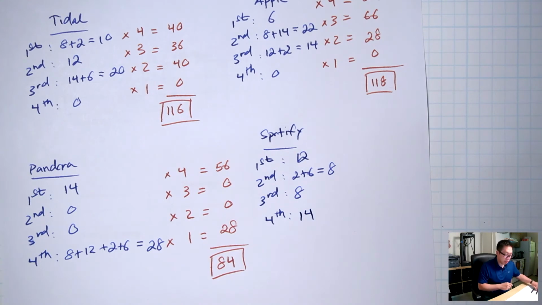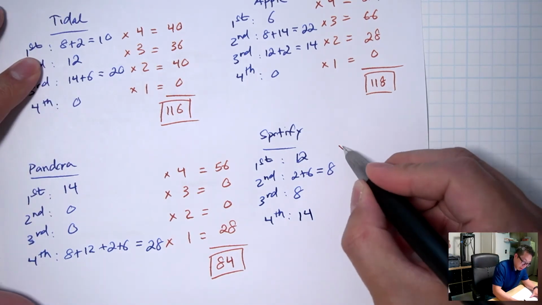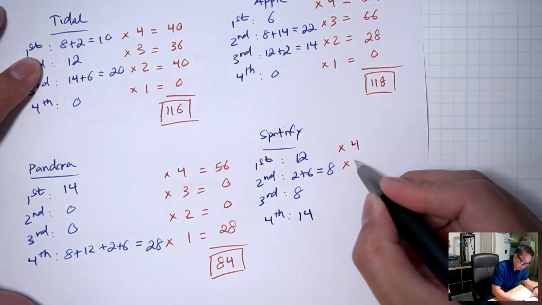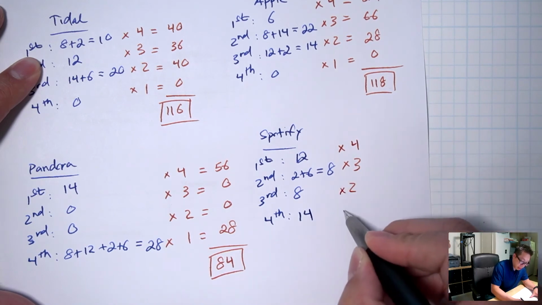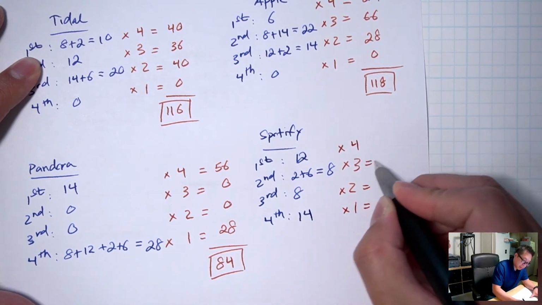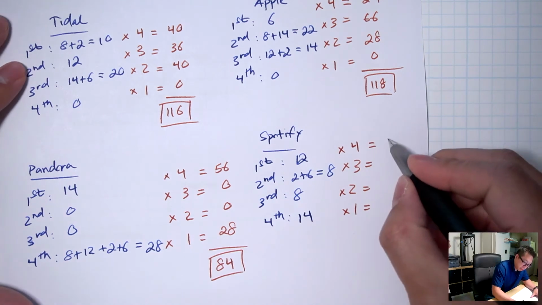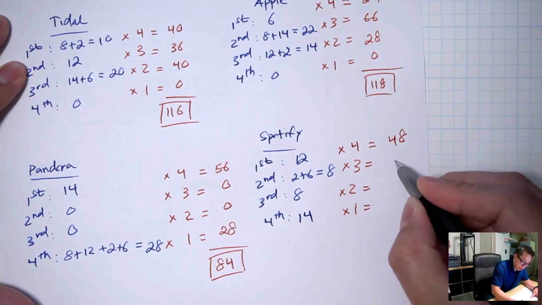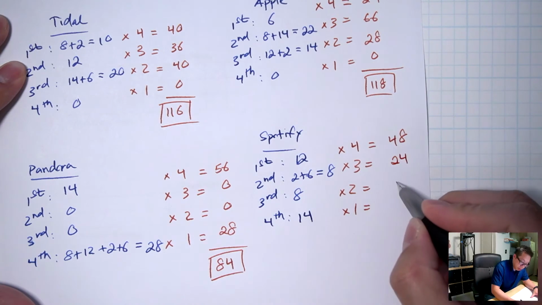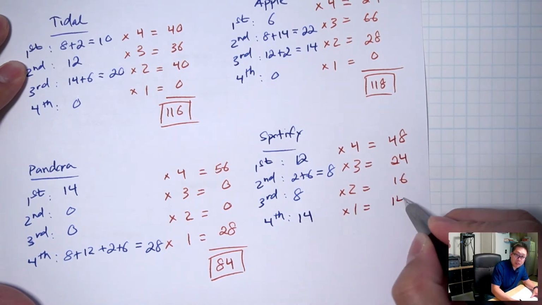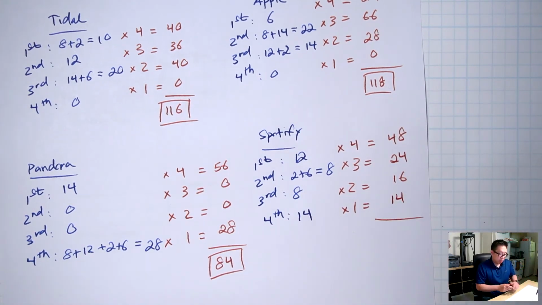And then now we give the points. First place times 4, second place times 3, third place times 2, and then last place times 1. 12 times 4, 48. 8 times 3 is 24. 8 times 2, 16. 14 times 1, 14. 48 plus 24 plus 16 plus 14. 102.